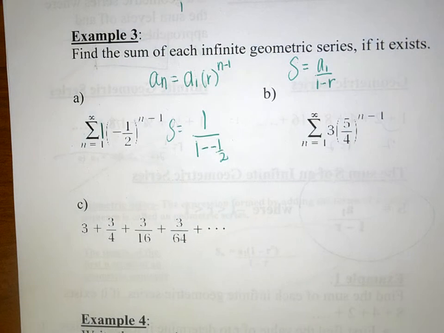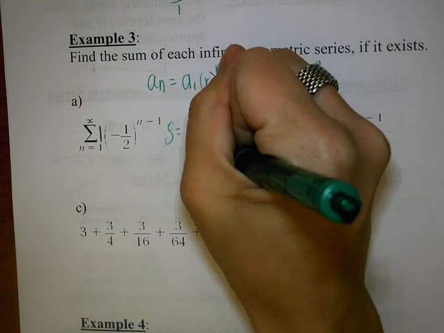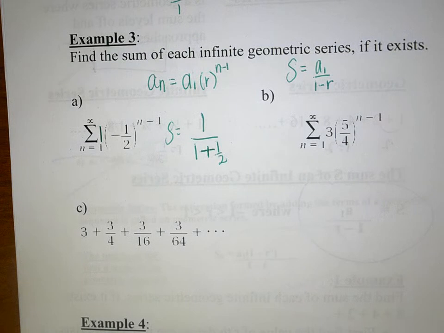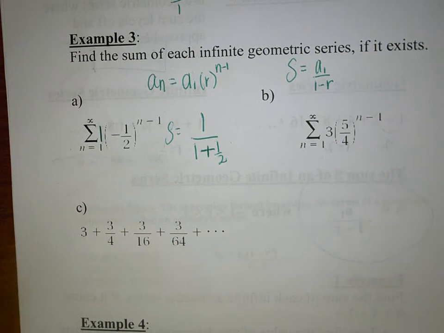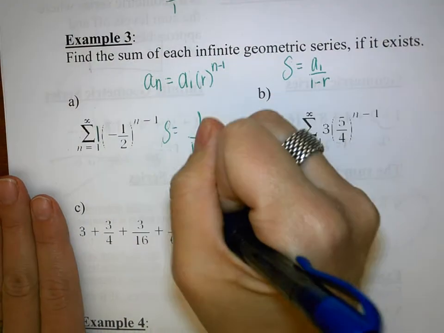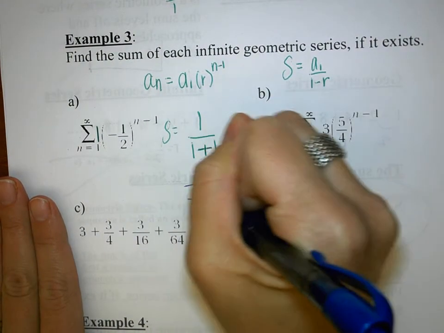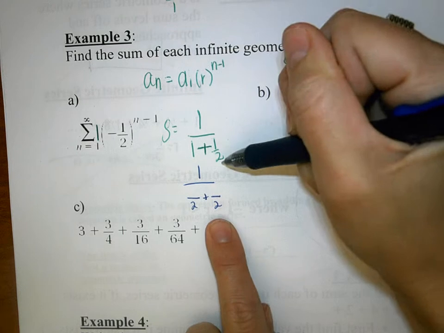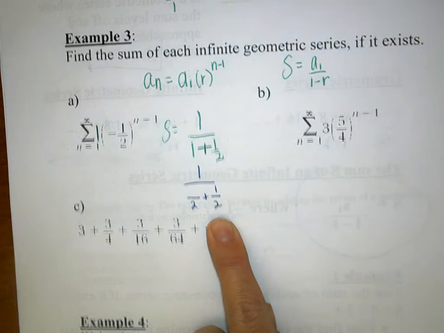So two negatives make a positive. In order to add fractions, they also need common denominators, right? So what would be my common denominator for this one? 2. So I'm going to rewrite this as 1 over, and then we want a denominator of 2 on both of them. This one already has a 2, so I keep the 1 on top.